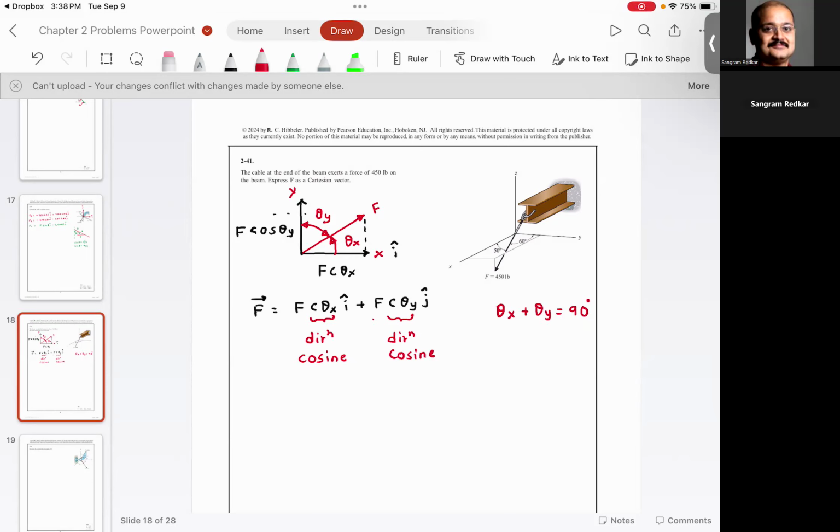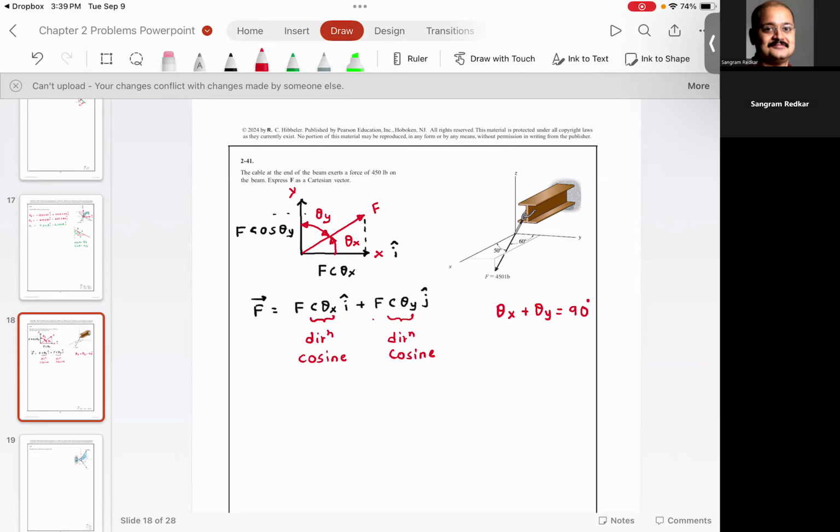The direction cosine in x is the cosine of the angle made by this vector with respect to the x axis. The direction cosine in y is the cosine of the angle made by the vector with respect to y. So these are the direction cosines.